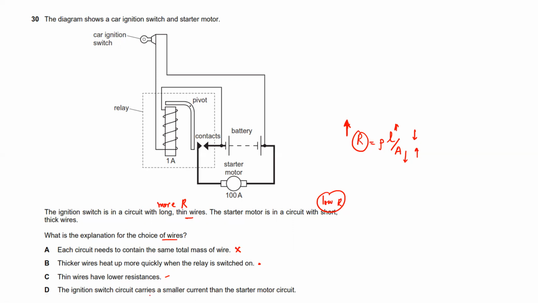Yes, that is the reason. For smaller currents, we can go with a higher value of resistance, but for the starter motor, we need low resistance so that most of the current goes to the motor for starting purposes. So answer D is the best choice we have in this case.